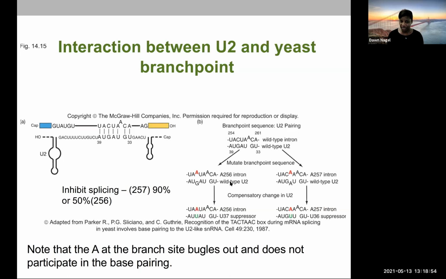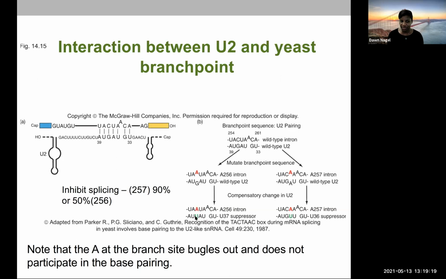What can happen when these types of mutations occur is that this U2 SNRP can actually force a mutation within that mRNA so it matches that transcript, okay, so that splicing can occur. So this is the U2 SNRP, and the mRNA in there.